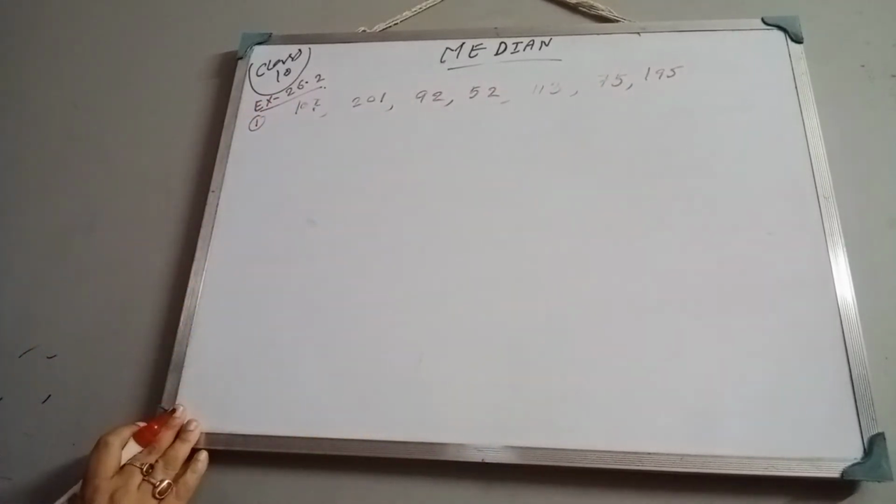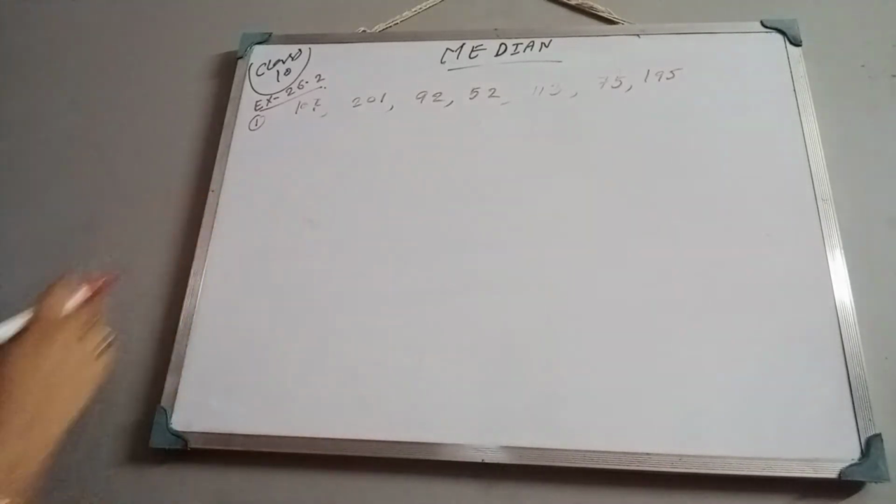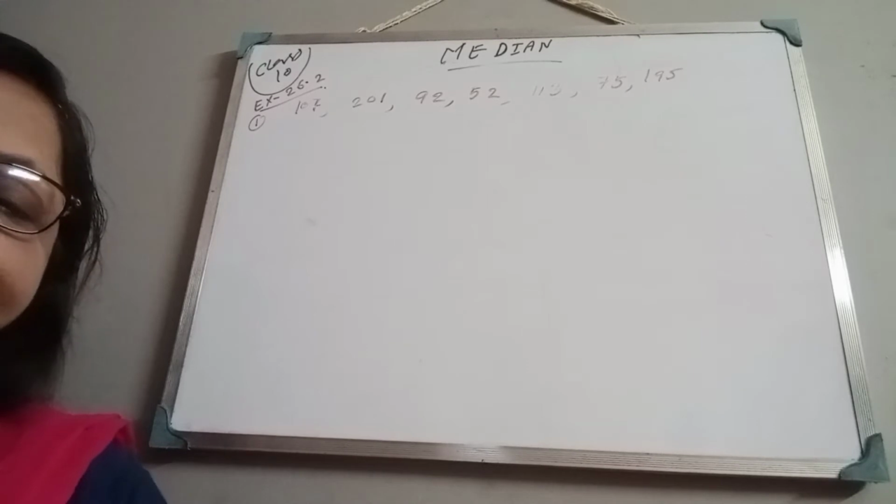So let us find the median of the selling price for the whole week. At first, let us arrange the data in ascending order.